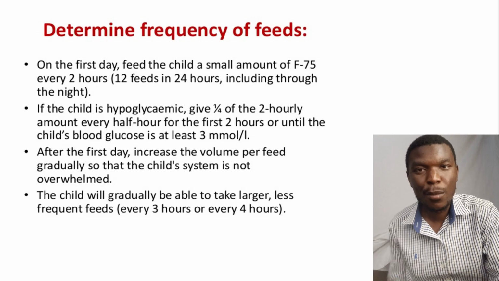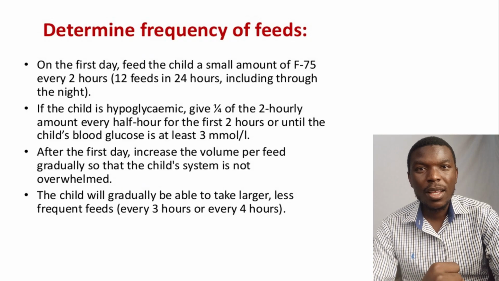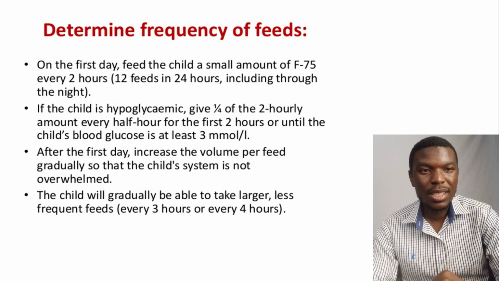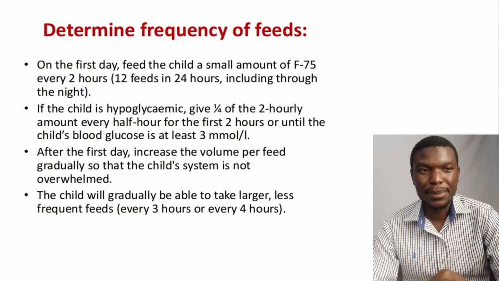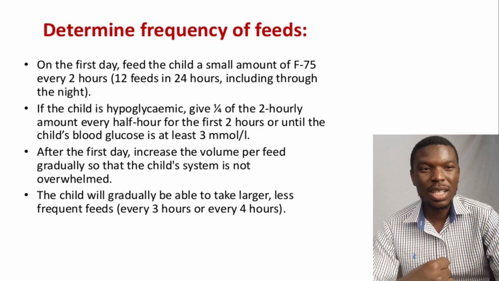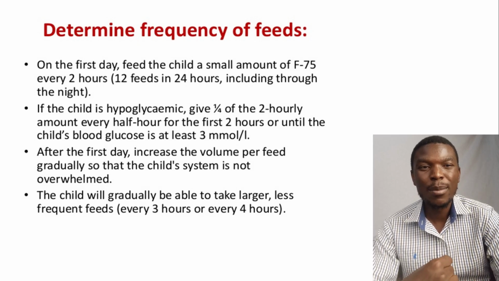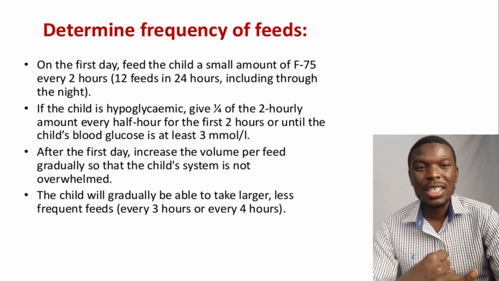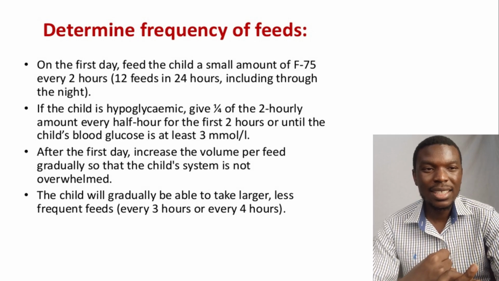So if the child is hypoglycemic, how are you going to feed this child? You get a quarter of the 2 hour amount every half an hour for the first 2 hours, until the child's blood sugar is at least 3 millimoles.